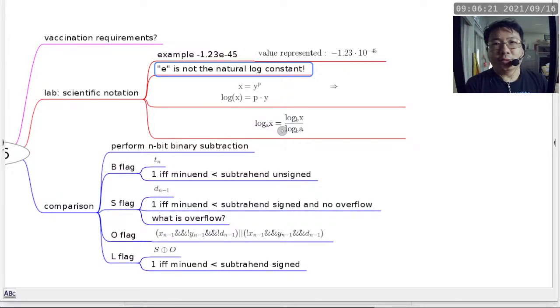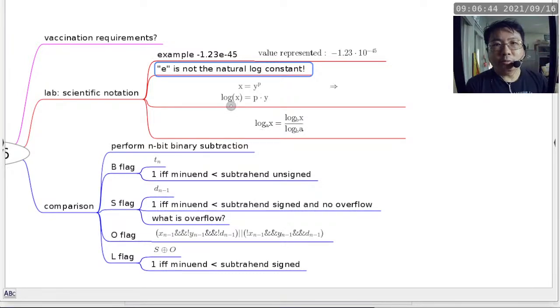And the second equation is you can change the base of your log. If you want to find out what log a of x is, you can use log b of x divided by log b of a.